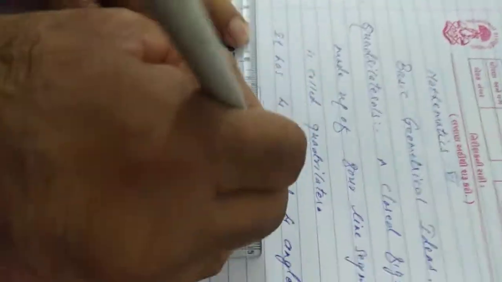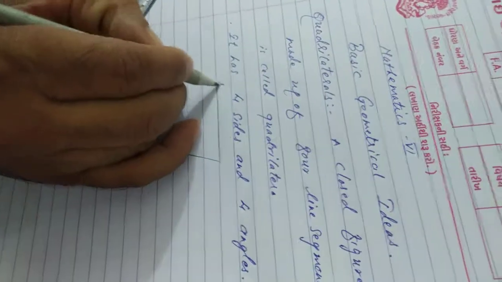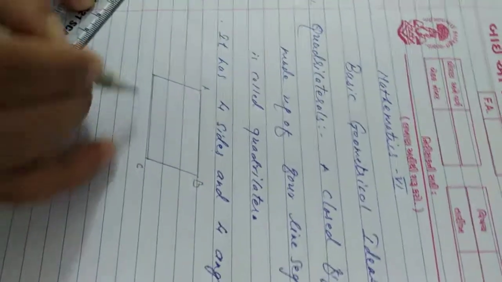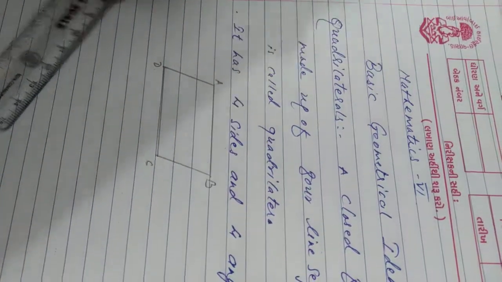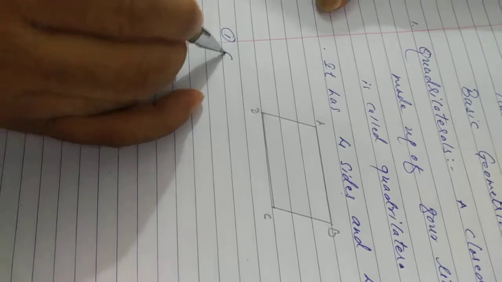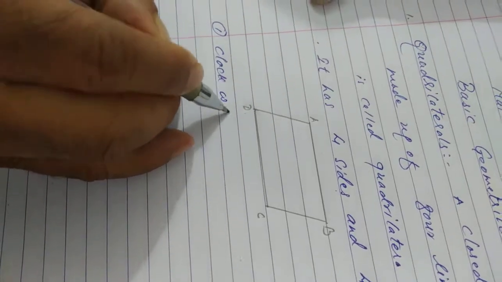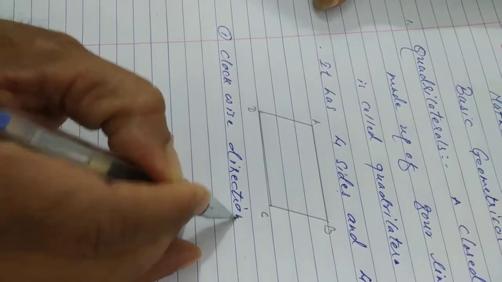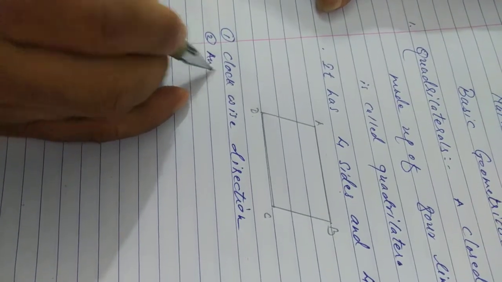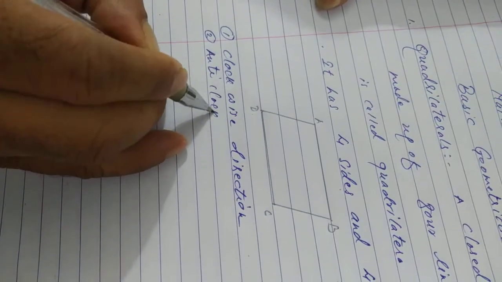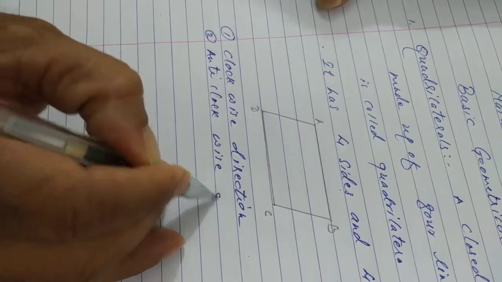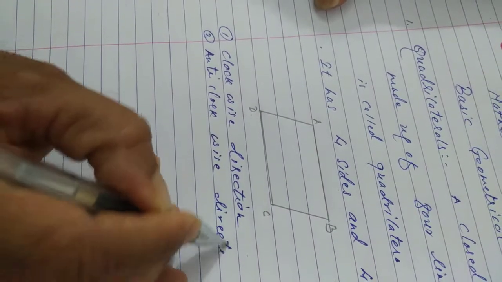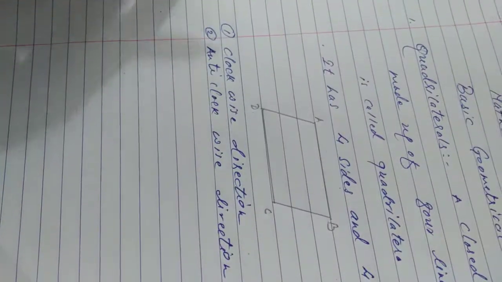It is named in such a manner, like A, B, C, D. By two ways we can name it: one, clockwise direction, second, anti-clockwise direction. Understood?